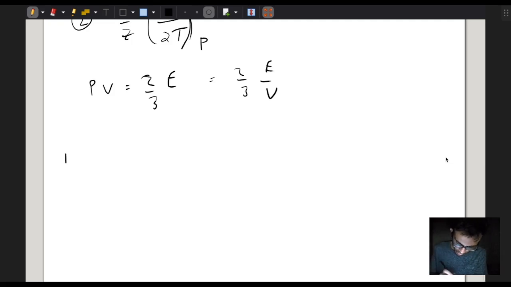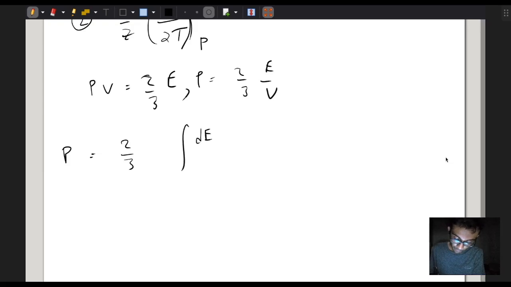So the pressure is then equal to the energy density. This we can quickly write as this integral. Some constants are there.